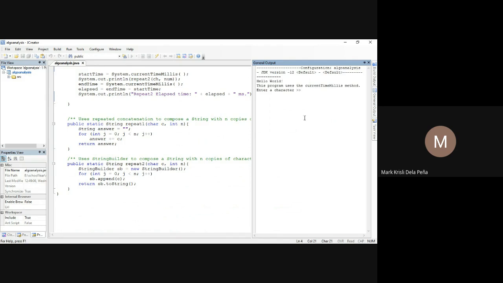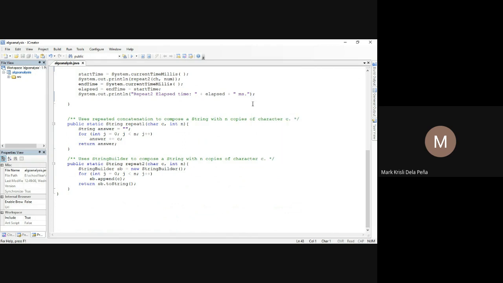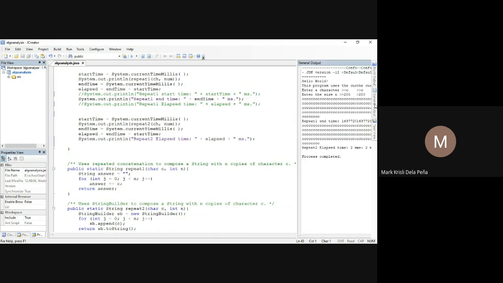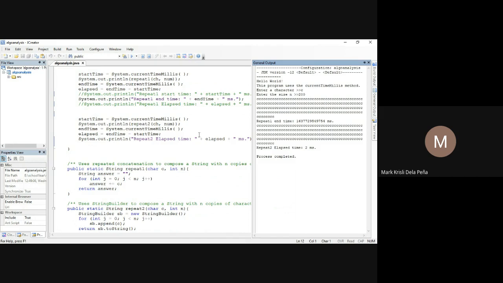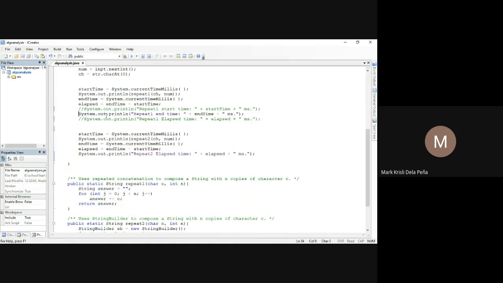Okay, now let's use another character, let's say C, and we will loop it 200 times. Sorry about that, I commented the wrong value.